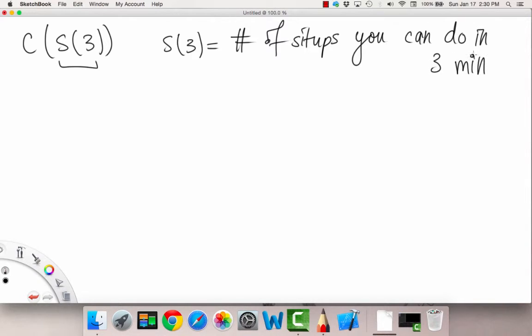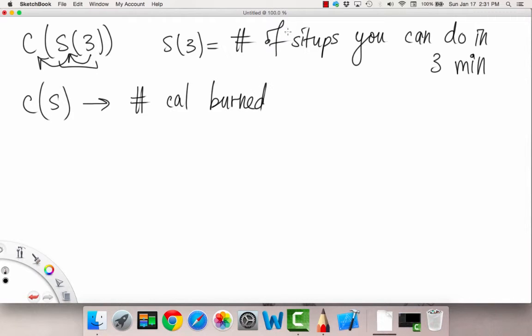And so now we're almost to the outermost function, or the outermost place, right? So we did the 3, we analyzed that, we did the S, we analyzed that, so now we're just going to work to the C. And remember, we looked back at our C of S function, and that gave us the number of calories burned doing S amount of sit-ups. Doing S sit-ups.